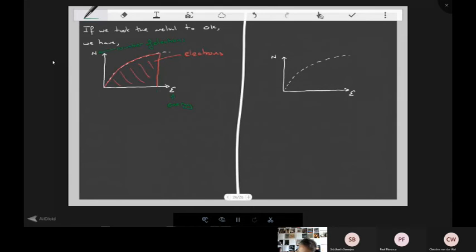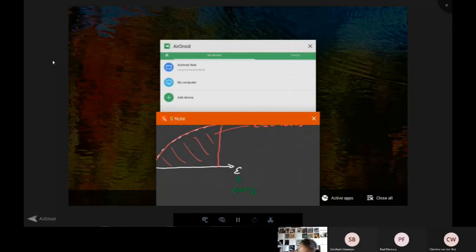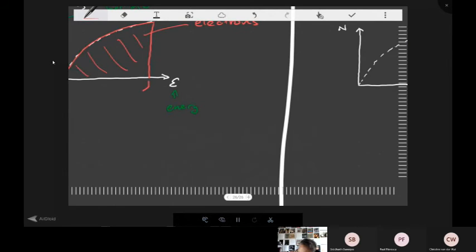We have a name for that energy. Oh, I want it to be red. That energy is called the Fermi energy, named after Enrico Fermi. So what is the Fermi energy?